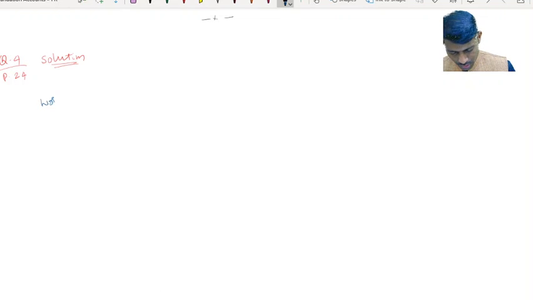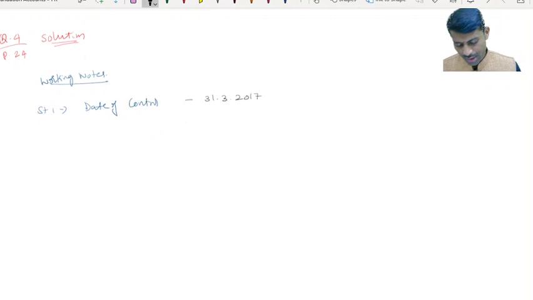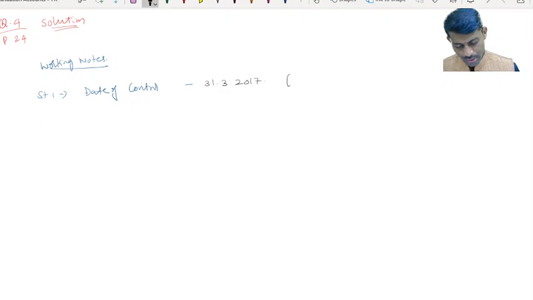So this is working notes. Step 1, date of control, which is 31st March 2017, which is nothing but the previous year's last day, which is nothing but the current year's first day. That means control is acquired at the beginning of the year.